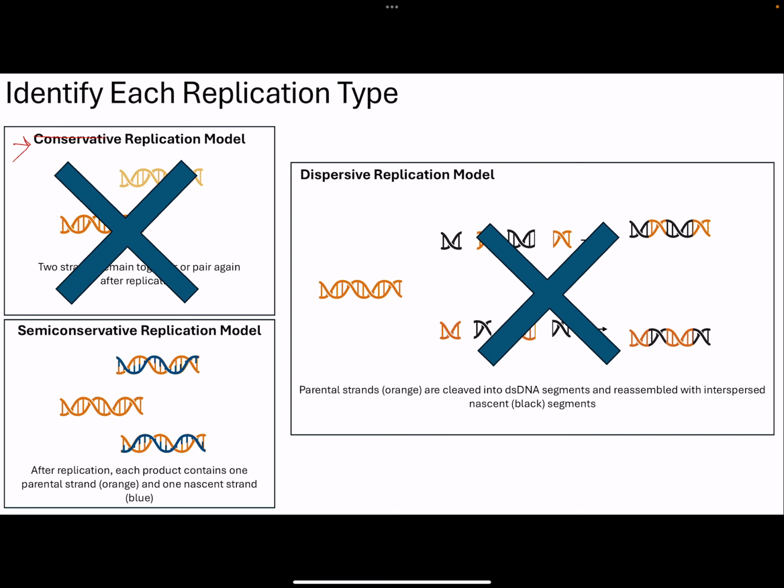Both semi-conservative and dispersive replication models have some type of hybrid molecule that's produced, but because the dispersive replication model always expects some interspersing of maybe this is N15 and this is N14 containing bases, we always expect to see that kind of hybrid band in the middle of that test tube.